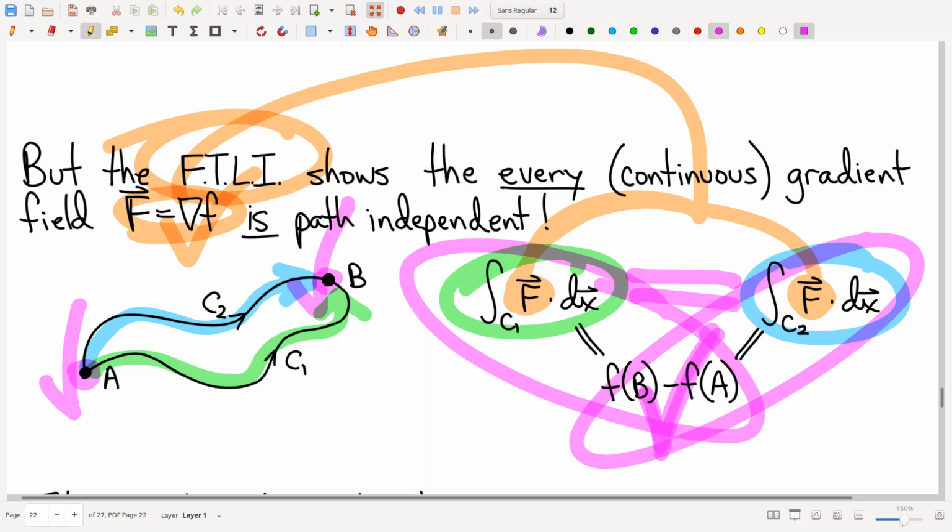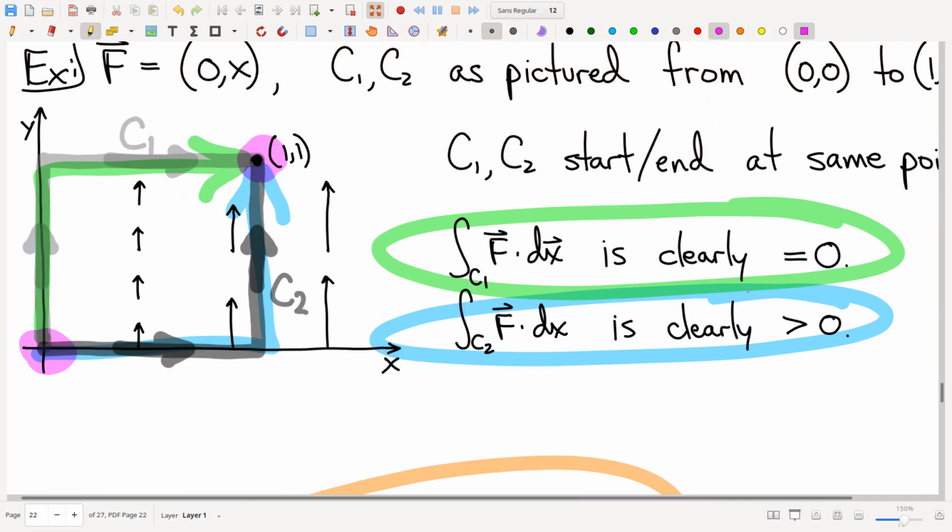What if the gradient field looks somewhat like the field in the previous example? That's a great question. What we have is evidence now that there actually is no way that this can be the gradient of anything. And I think that's actually kind of plausible if you think about it.